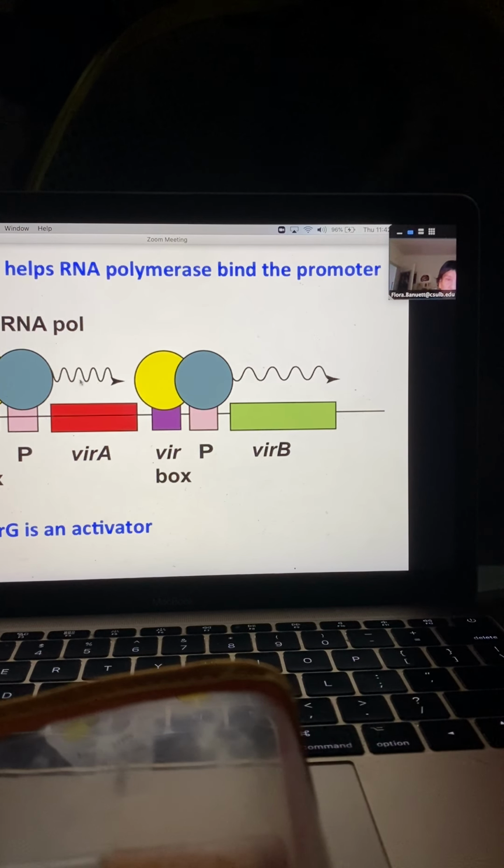So transcription starts and stops there. Here you have again VirG binding to the Vir box, interacting with RNA polymerase and transcribing the many genes present in this operon, and so on and so forth. So this is how VirG is regulating expression of these genes and operons.